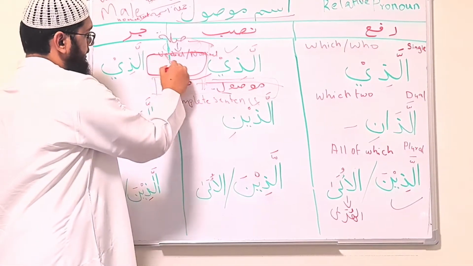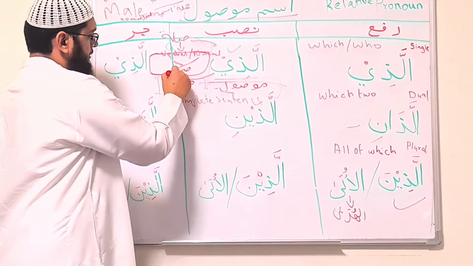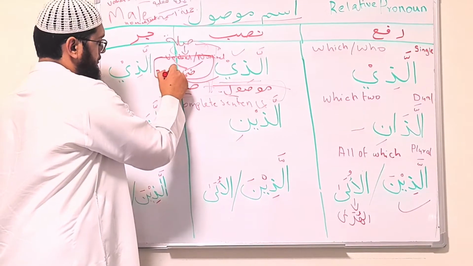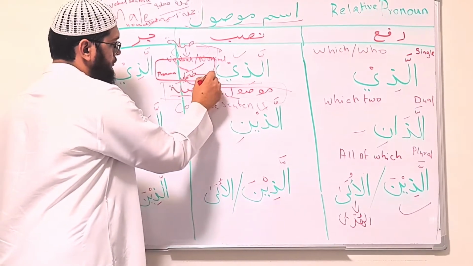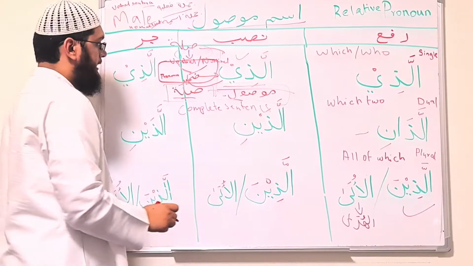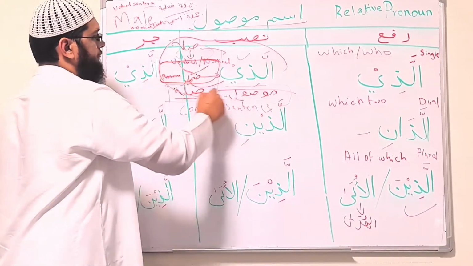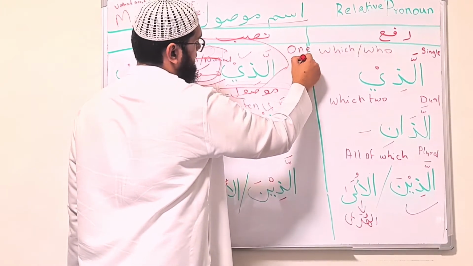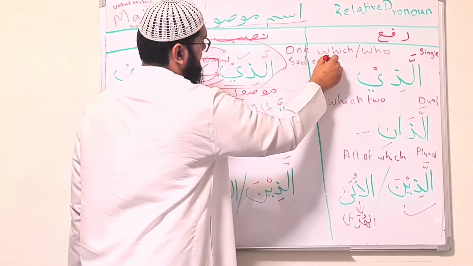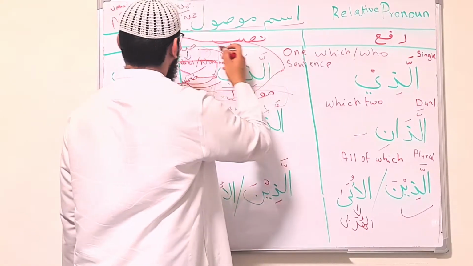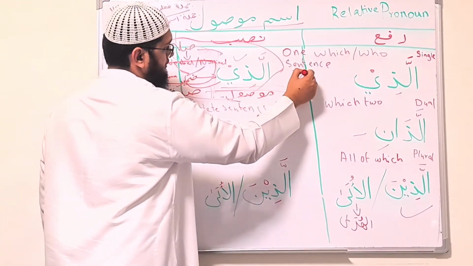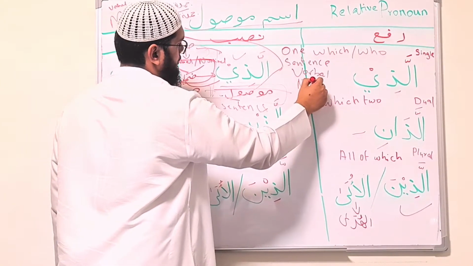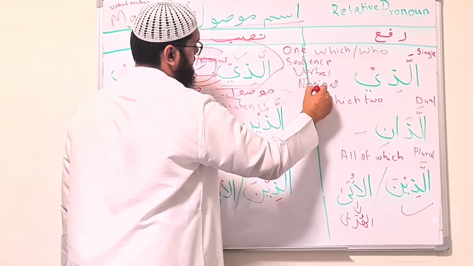And in both of these, there will be a dhamir, which we say is a pronoun, that's connected back to alladhi, and together they form one sentence. And this sentence will be either verbal or nominal.